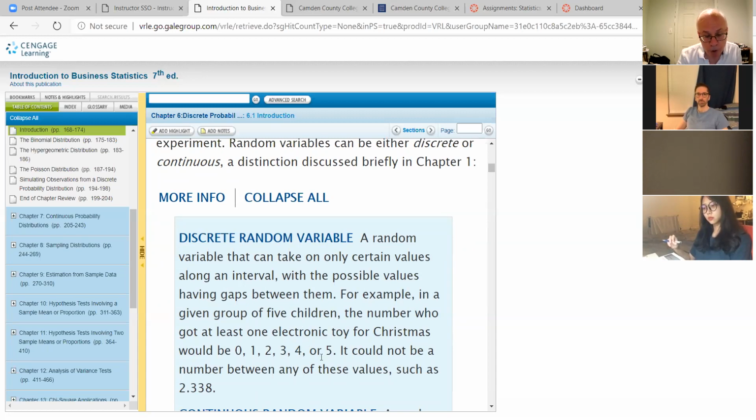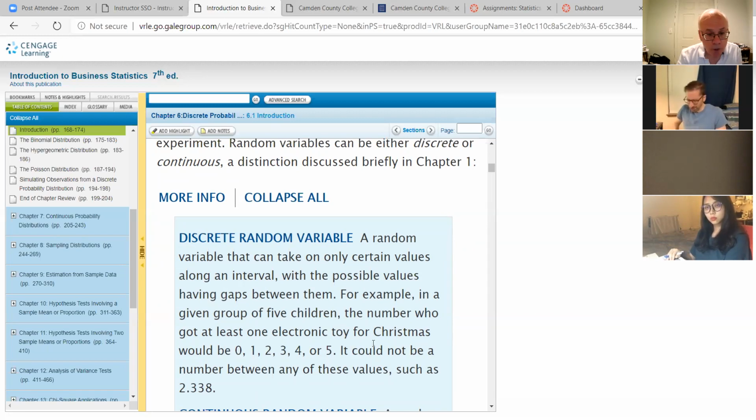So those are the possible values for this random variable. And what is the random variable? The number of the children who got at least 1 electronic toy for Christmas. So the random variable runs from 0 to 5 because there are 5 children. Are you very clear about that?